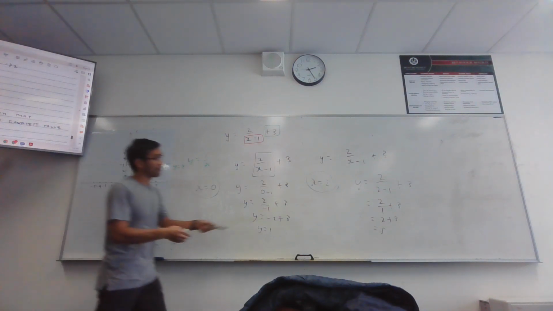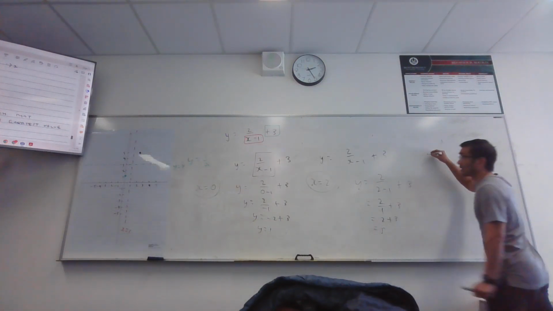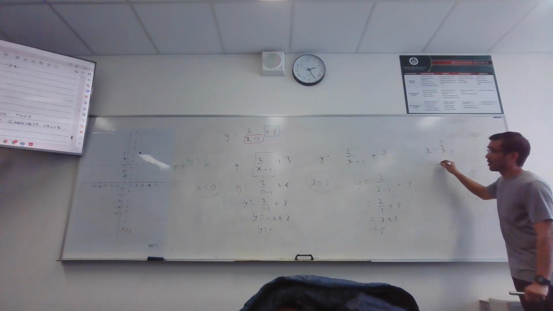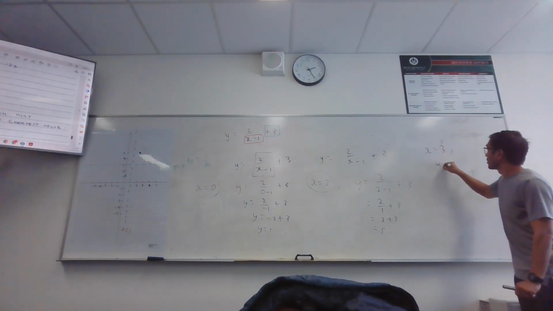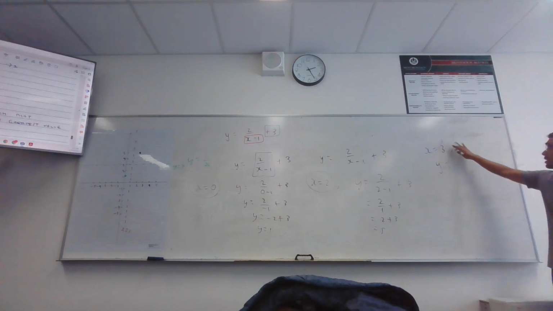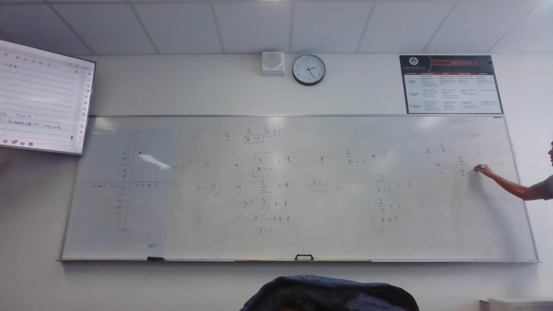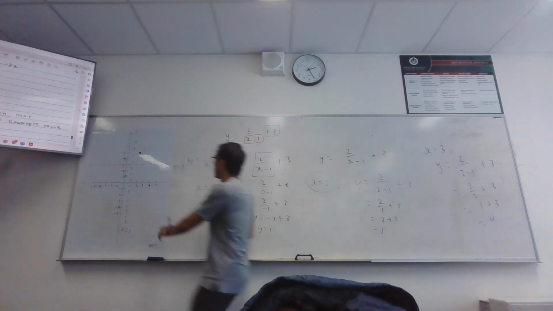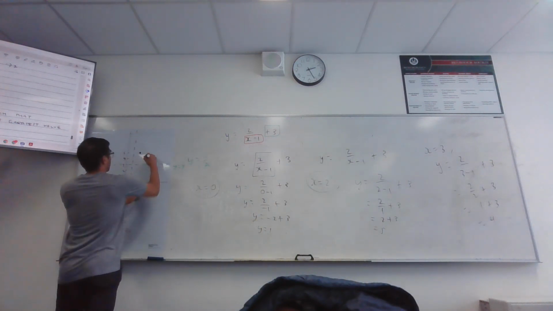If I put another one here, let's do x equals 3. Just to finish up. What happens at x equals 3? 2 on 3 minus 1 plus 3. 1 plus 3 is 4. So 3, 4.